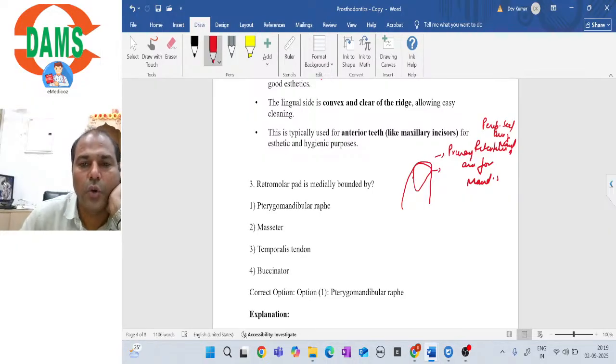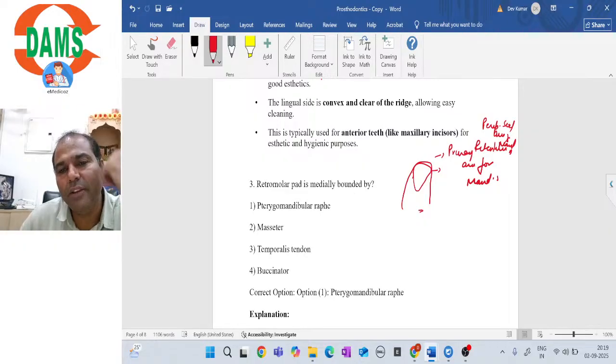Remember one thing, if 4 choices are given, the best primary retentive area for the mandibular denture is definitely the retromolar pad. And it decides the distal limit of the mandibular denture.